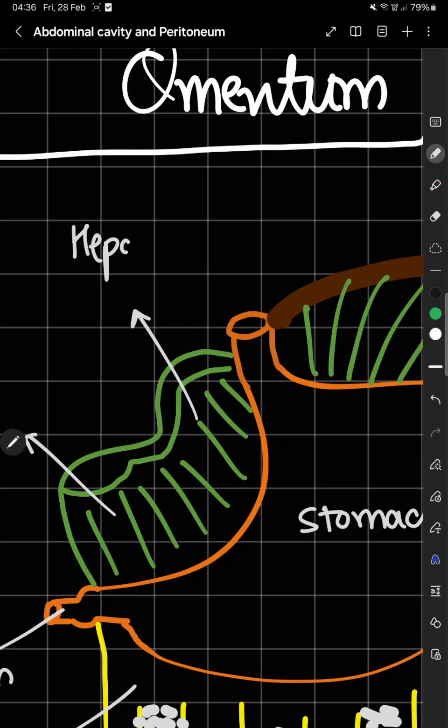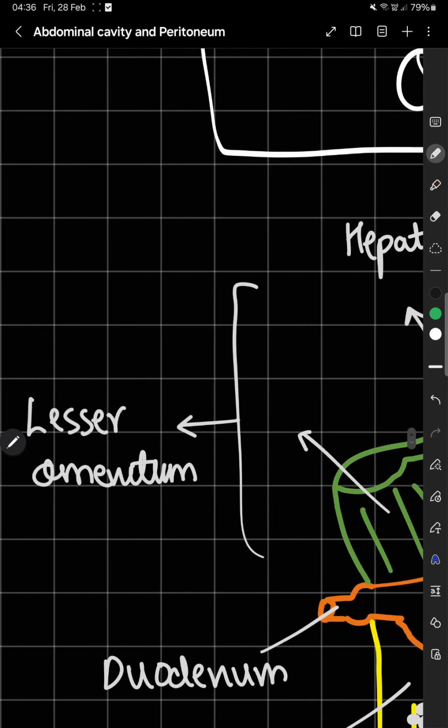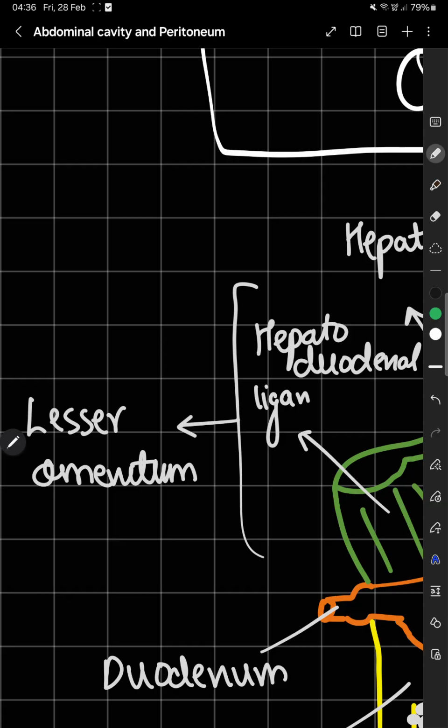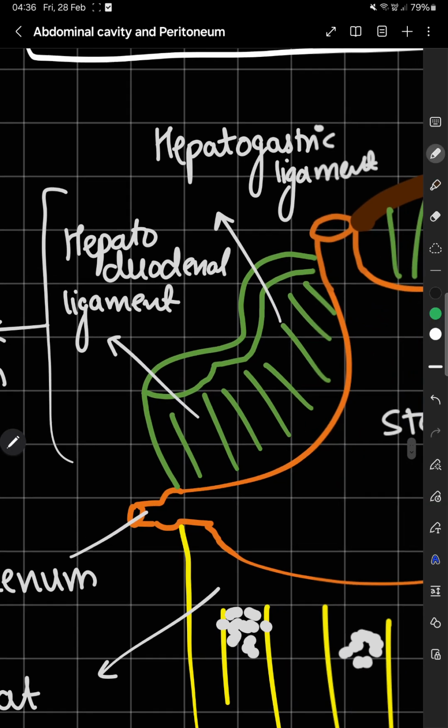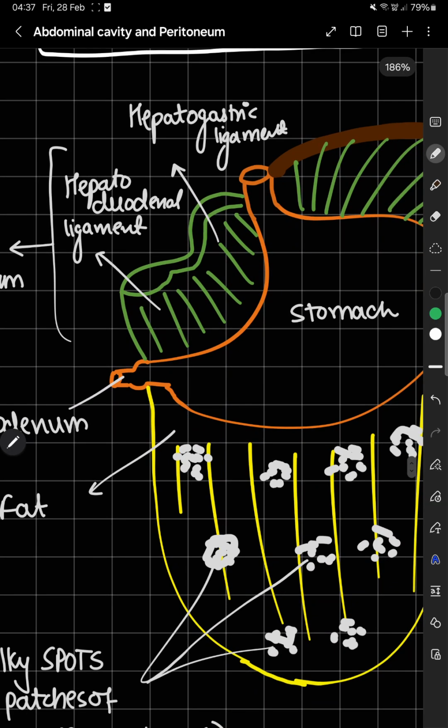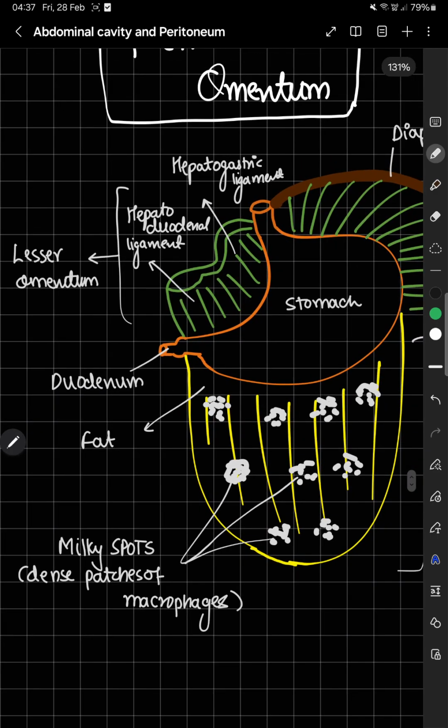So it's actually the hepatogastric ligament. And after that here we have the liver and the duodenum. So it is the hepatoduodenal ligament. So we have the hepatogastric ligament and hepatoduodenal ligament, which make our lesser omentum.